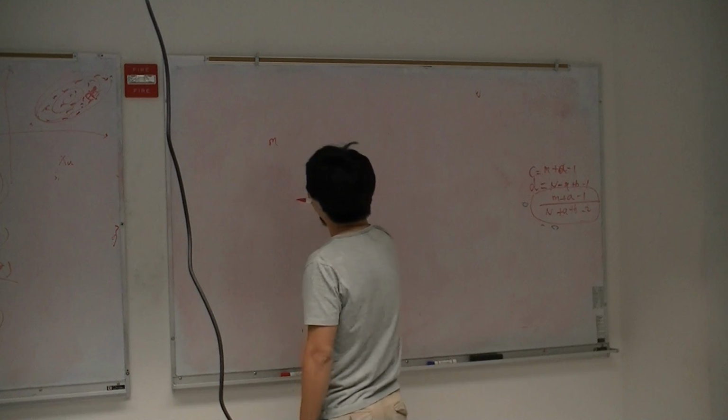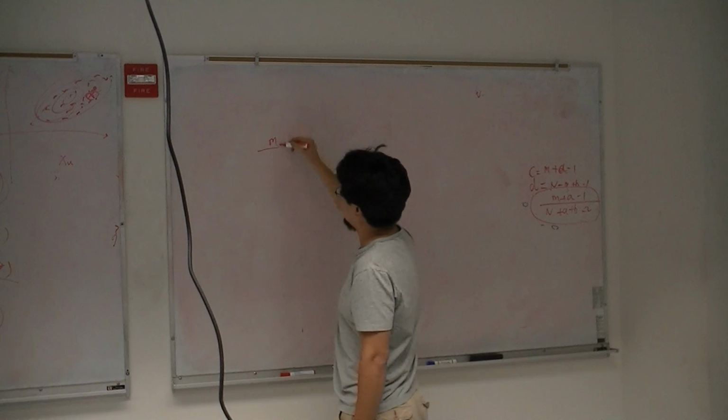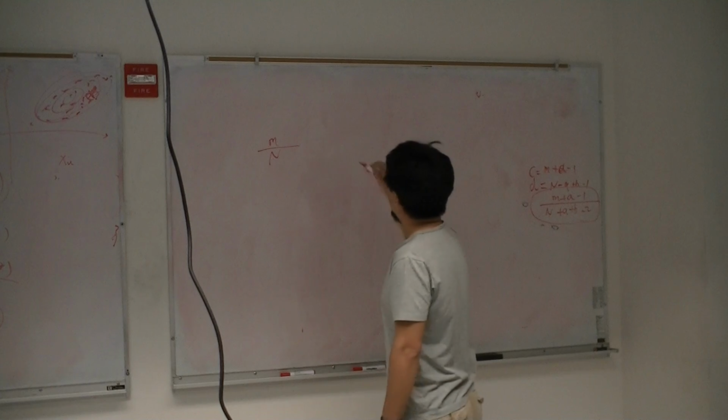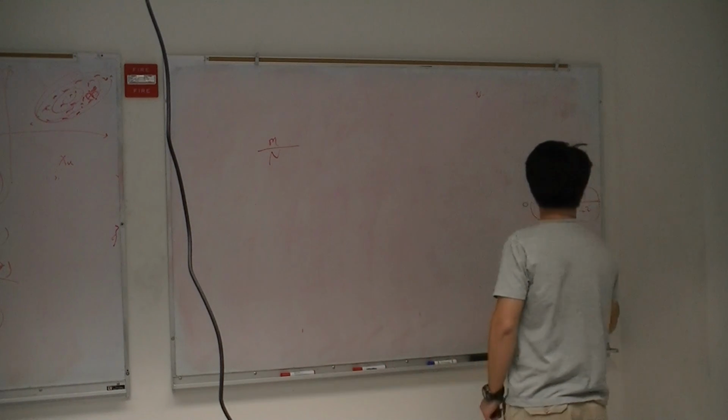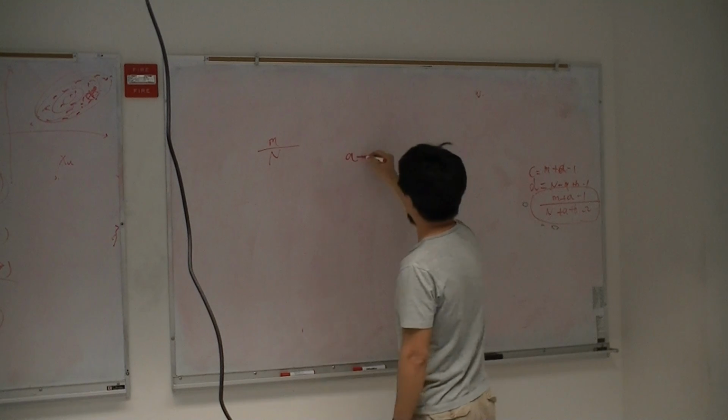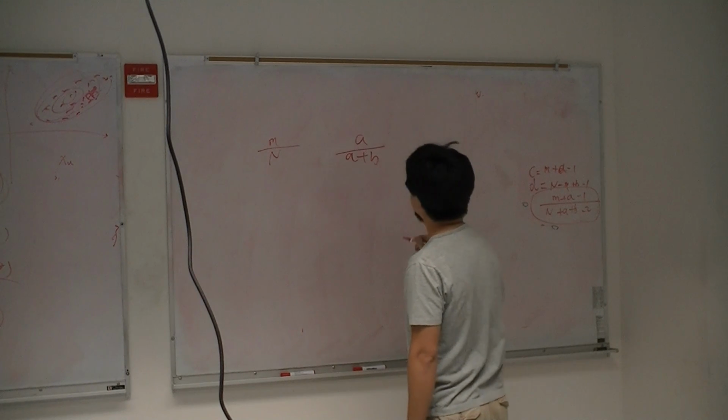For the maximum likelihood, the result is the number of heads over the total number of observations. For the prior, the result I think is going to be something like this.